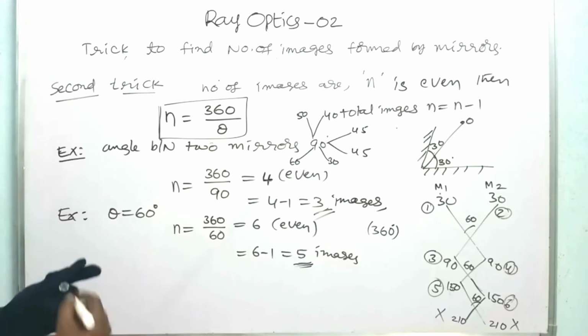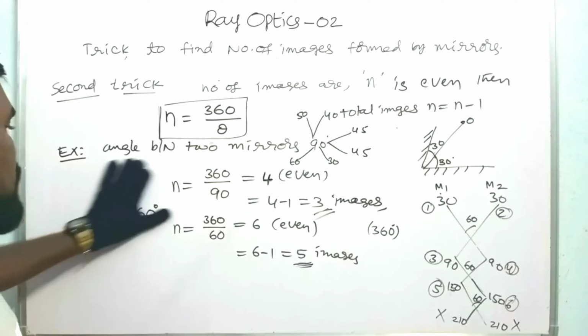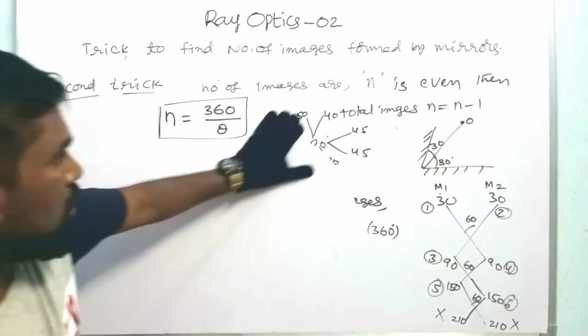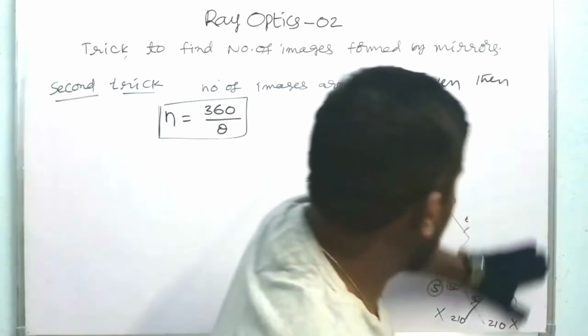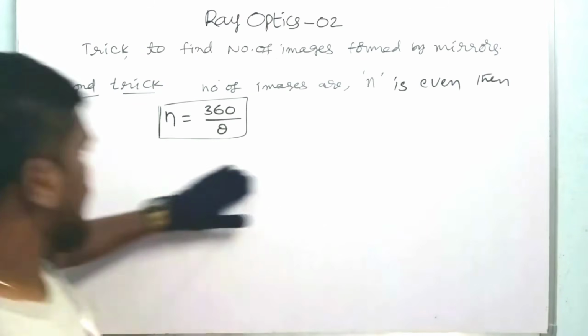Okay, right. So what should we do if it is an odd number? So let us see. If it is odd, then what do we have to do? Right.